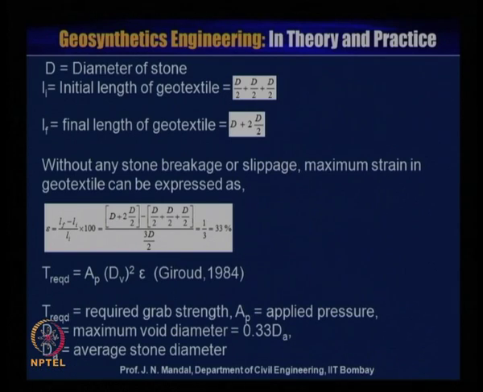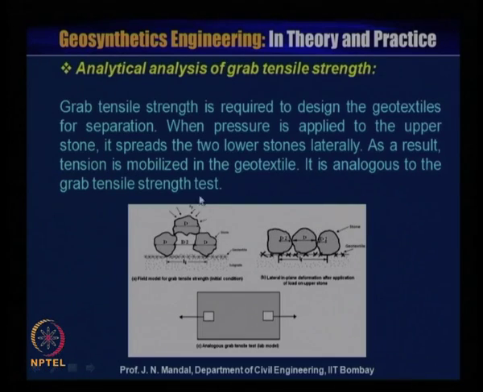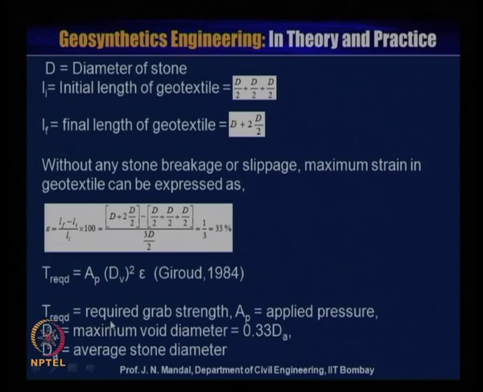Now, Giroud gave an equation for the determination of required grab strength. T required is equal to AP times dV squared times epsilon. This is given by Giroud 1984, where T required is the required grab strength, AP is the applied pressure, and dV is the maximum void diameter.